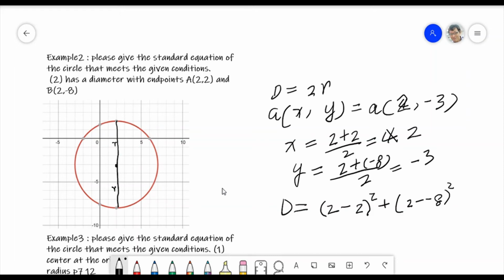Yes, that's it. And since it's a square root, you make this a square root.